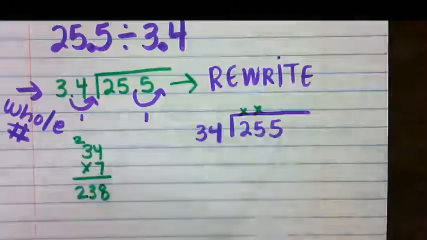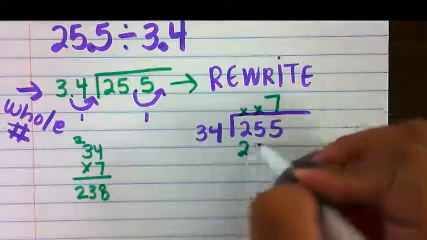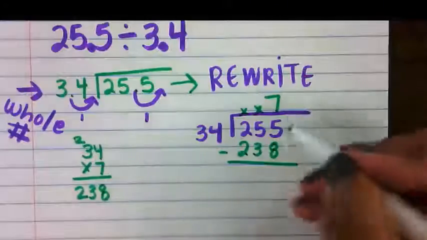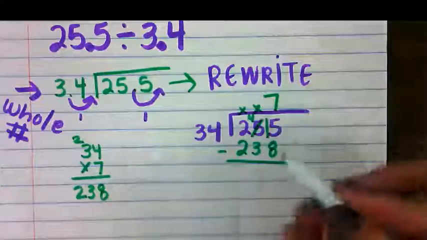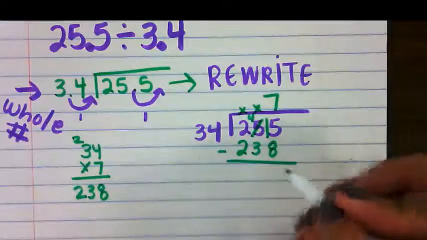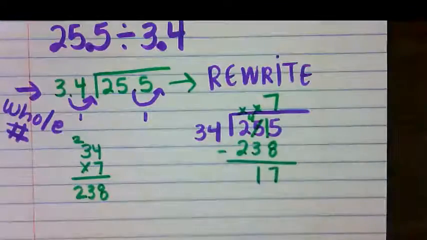That seems like it's big enough to fit. So 34 times 7 is 238. I go ahead and subtract. 5 can't minus 8. Make that a 15, make that a 4. 15 minus 8 is 7. 4 minus 3 is 1.